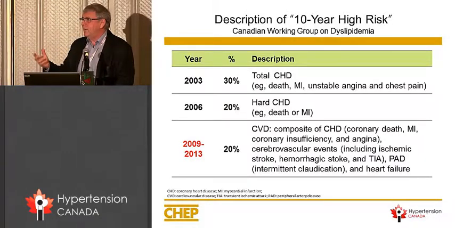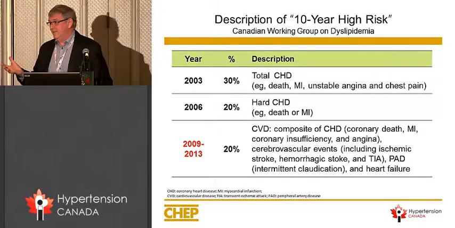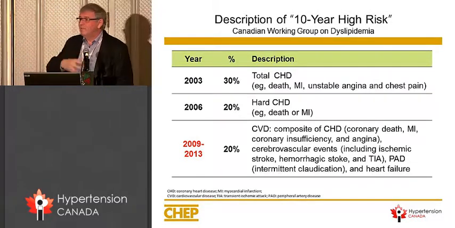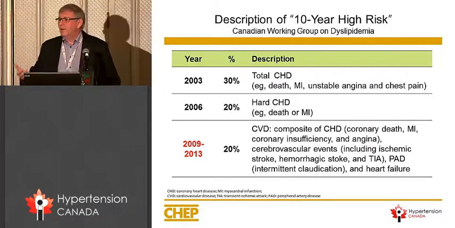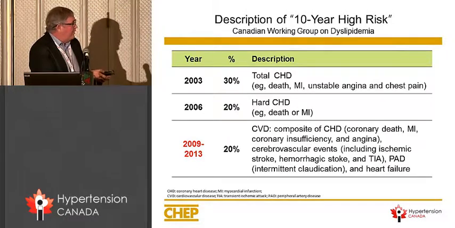As a matter of fact, in women, 50% of the outcome was chest pain. Would you treat people for preventing the next 10-year occurrence of chest pain? So lots of complaints. So they moved on to hard CHD, which is death and MI.